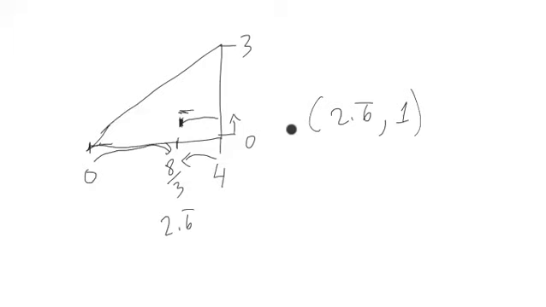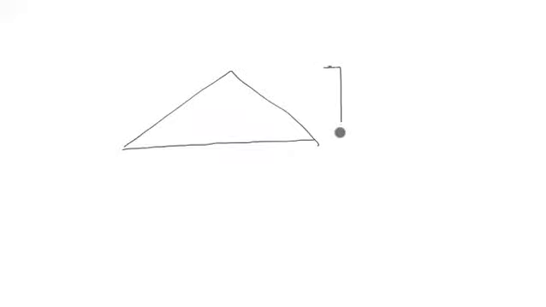Now, we can use this in the following case as well. What if we had just any old triangle, and let's suppose that we just knew the height of this triangle from the base? So what's the height up from the base perpendicularly?